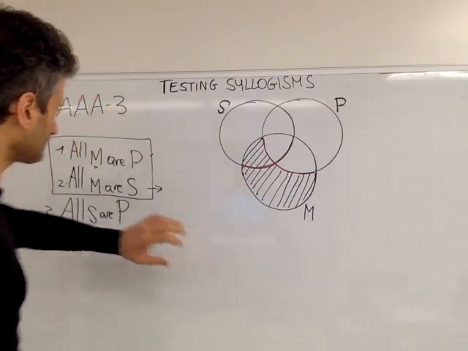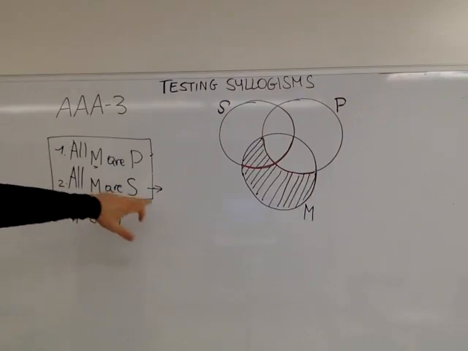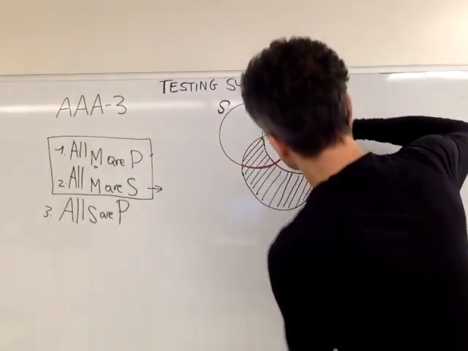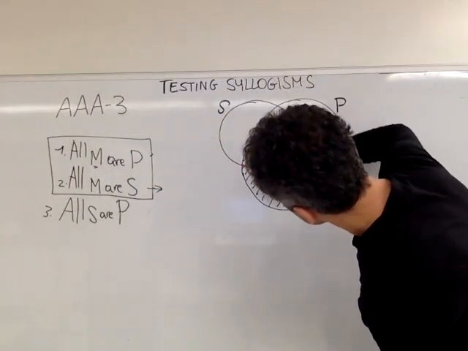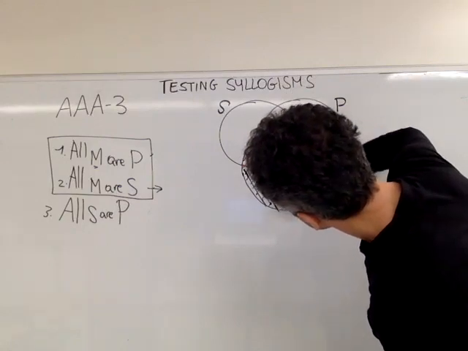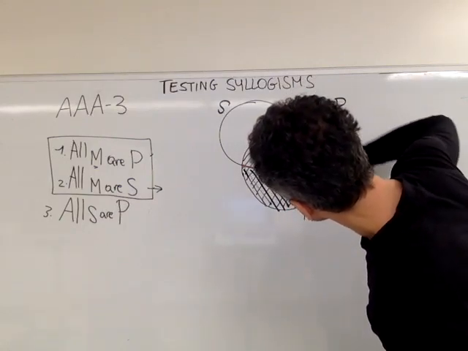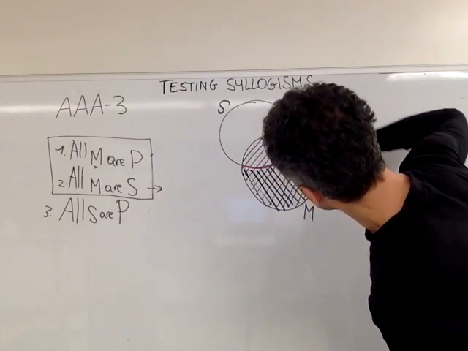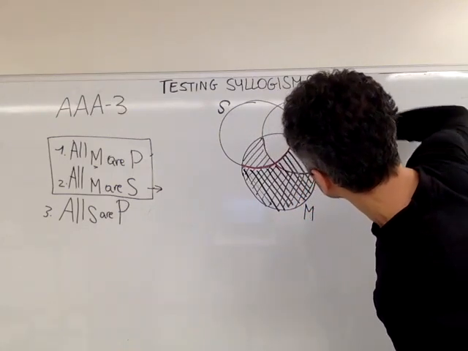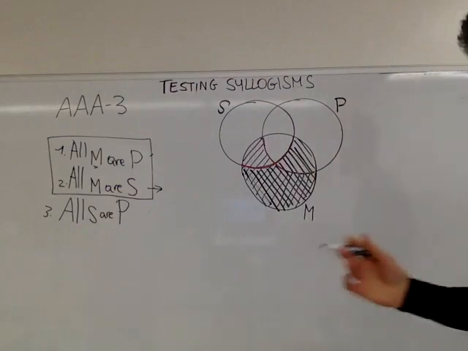So, how do we diagram all M are S? Well, again, we have to shade area 1. Okay? See, this is why it's important.